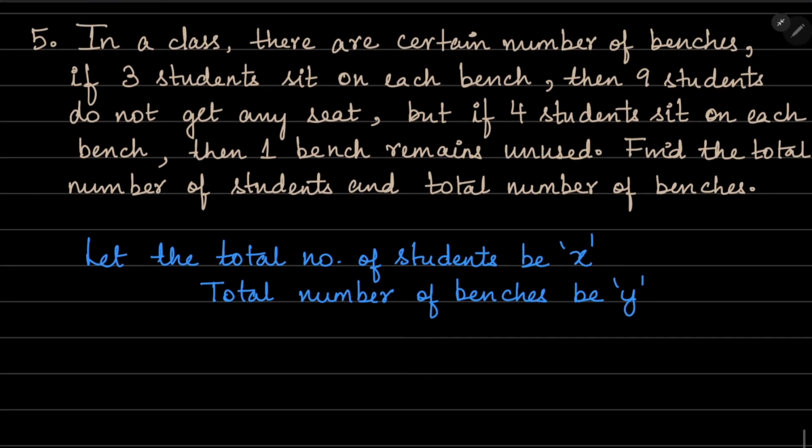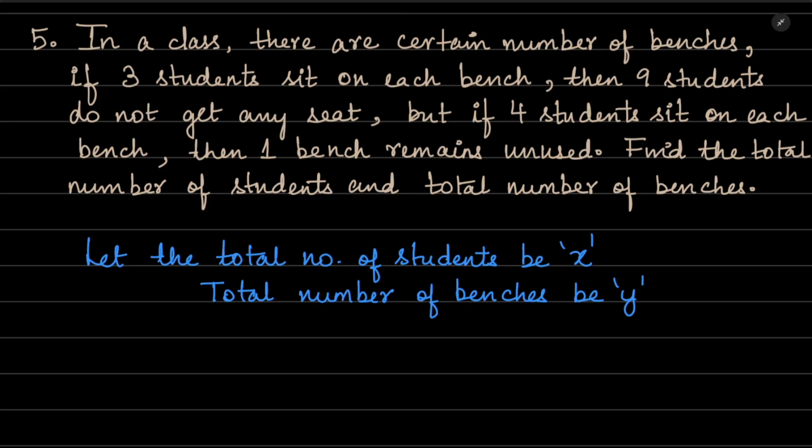Okay. So what is given? In a class, there are certain number of benches. If 3 students sit on each bench, so how many benches are here? Y benches are here. And if 3 students sit on each bench, how many students will sit in y benches? Okay. So if 3 students sit on a particular bench, and if there are 2 benches, what will you do? 3 into 2, 6 will be the number of students sitting in the 2 benches.